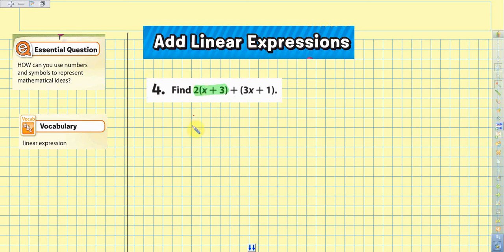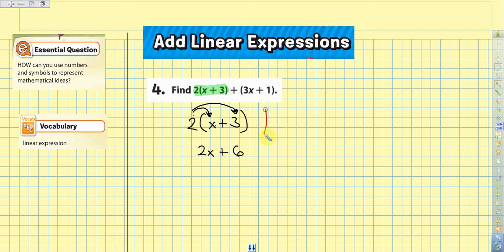So let's rewrite this problem. 2 times the parentheses x plus 3. That's what we're going to be looking at right now. Okay, we're going to ignore the 3x plus 1 right now. We're going to distribute the 2. The 2 is going to be distributed to everything that's in the parentheses, just like we did when we were working with the distributive property. So it's going to be 2 times x, which is 2x, 2 times 3, which is 6.